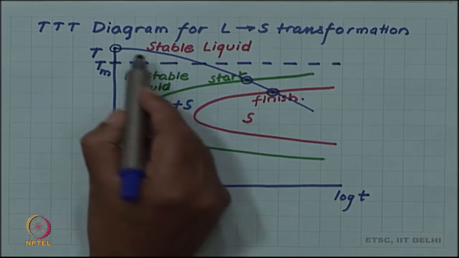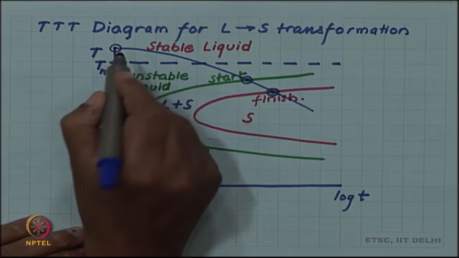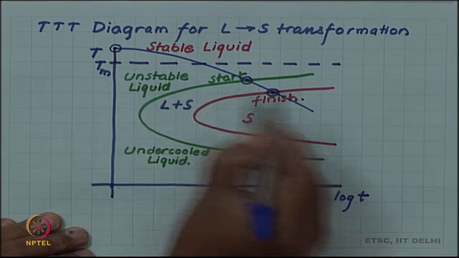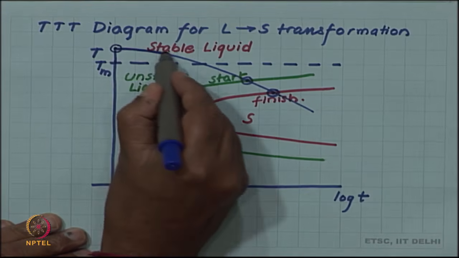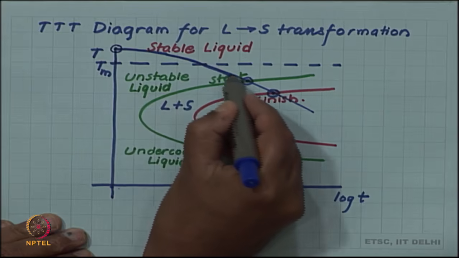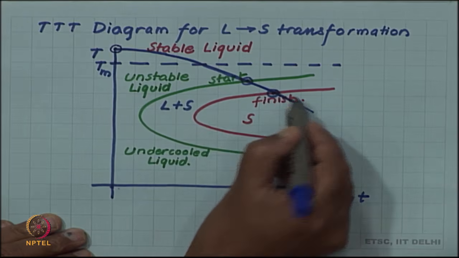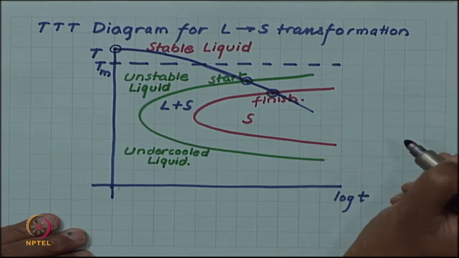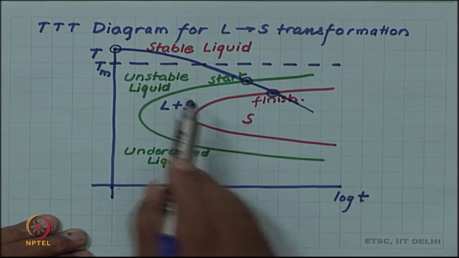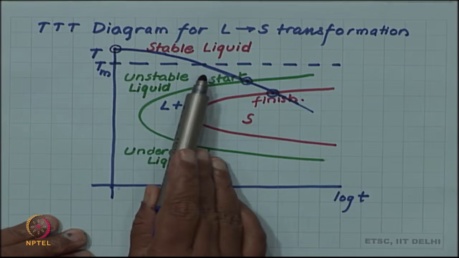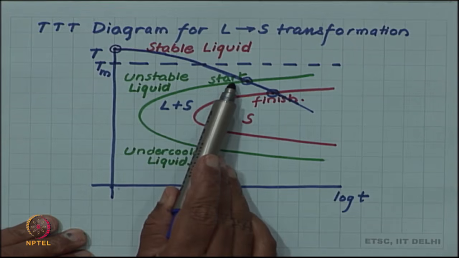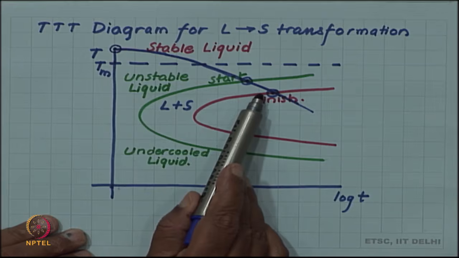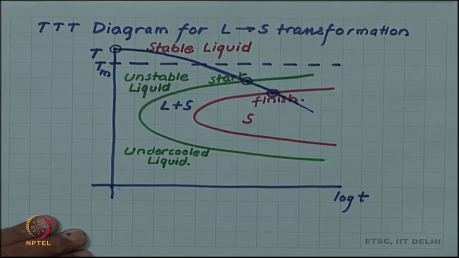So, if we now follow this blue line, the transformation begins here and then completes here. So, finally, from stable liquid it goes into undercooled liquid and then starts transforming into solid and completes the solidification.